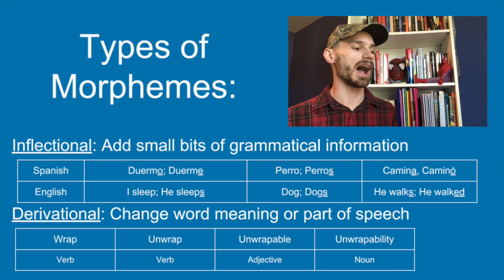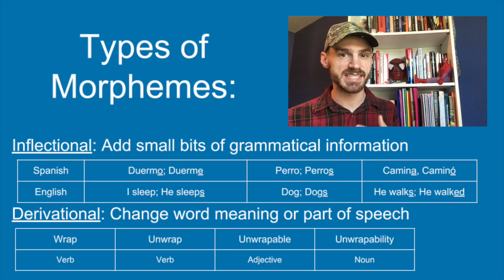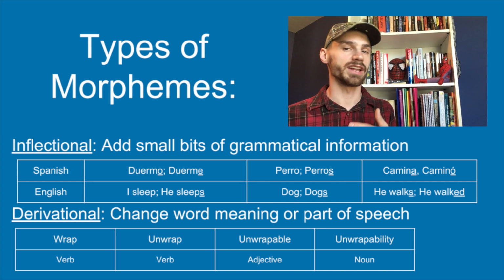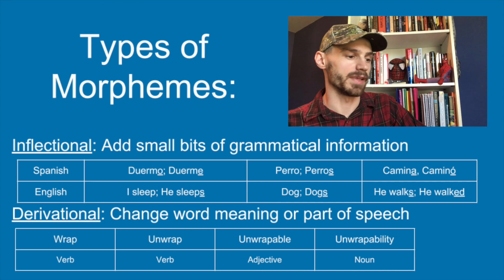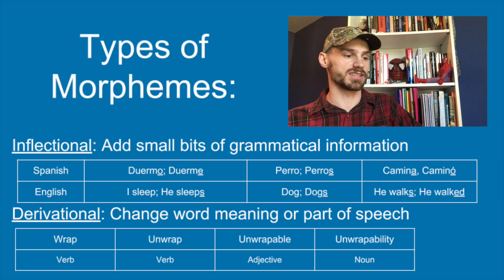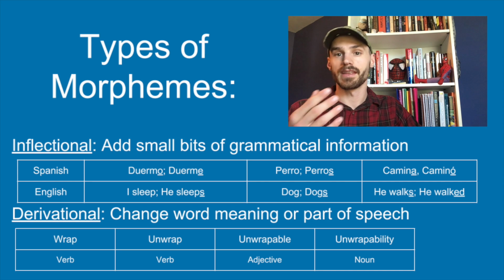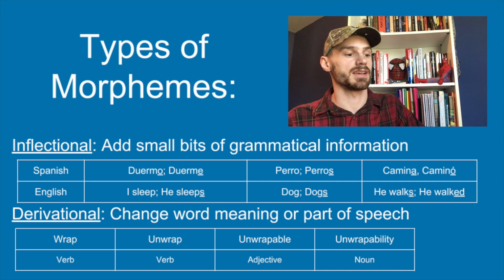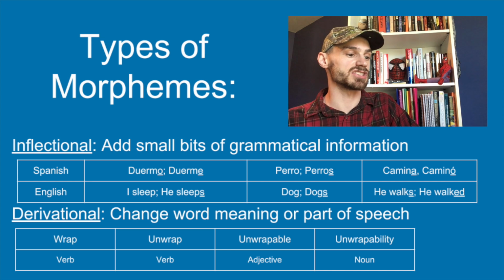So for example, I sleep changes to sleeps with that s on the end when you're talking about the third person he. Okay? An even simpler example is the difference between dog and dogs. You might not think about it as a suffix, but that s on the end, that's actually a suffix, and that's its own morpheme.